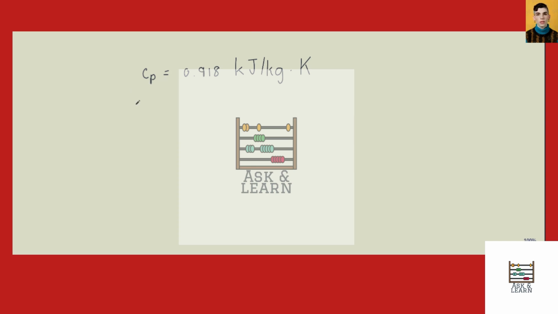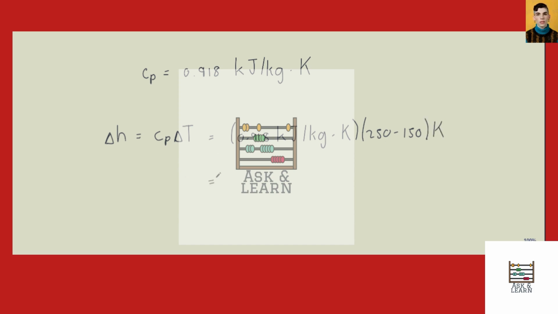So using the specific heat at constant pressure, we have the enthalpy change delta H is equal to Cp delta T. And this is equal to 0.918 kilojoule per kg Kelvin times a change in temperature of 250 Kelvin minus 150 Kelvin.